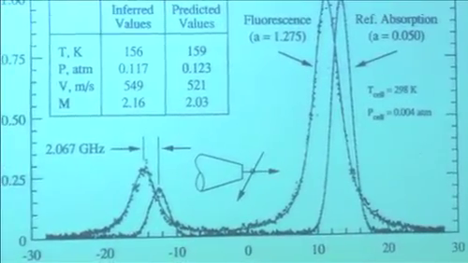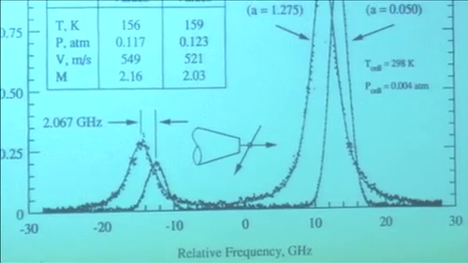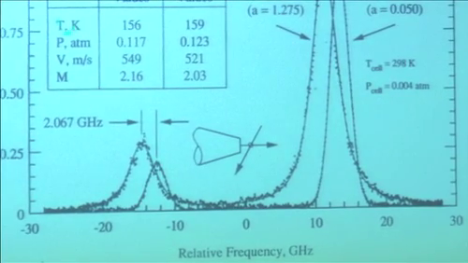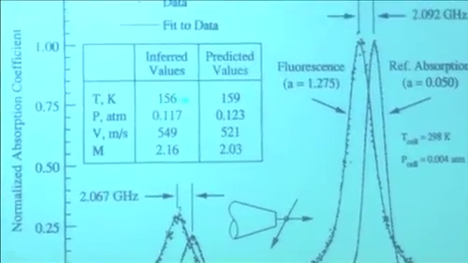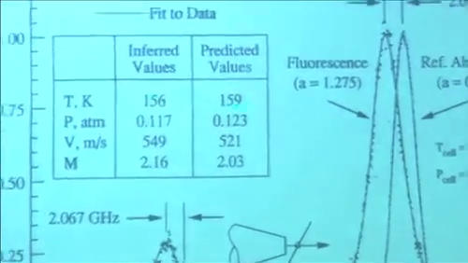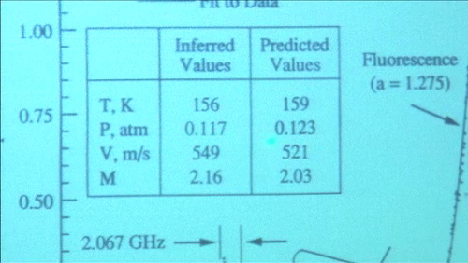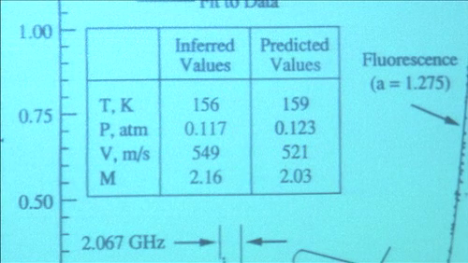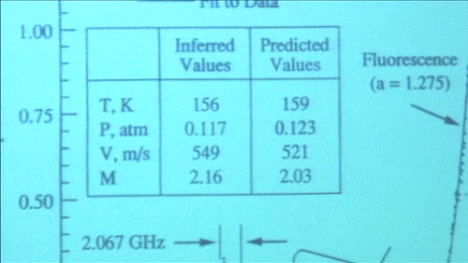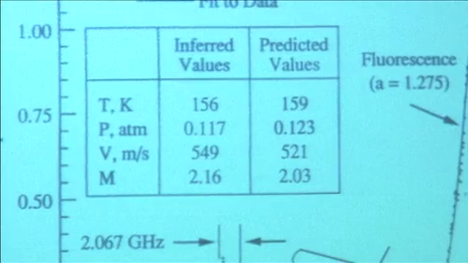In a low pressure expanding flow, you can have different temperatures. So let's see what he predicted here. He inferred 156 when he had calculated 159 degrees. He measured the pressure, he measured the velocity, got the Mach number. So this was a very powerful scheme for looking at different properties.